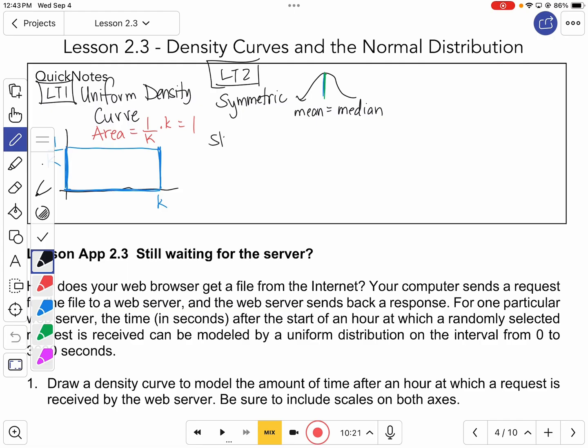If we're skewed, we can go 2 ways. We can be skewed right or we can be skewed left. So skewed right would look like that. Skewed left would look like that.